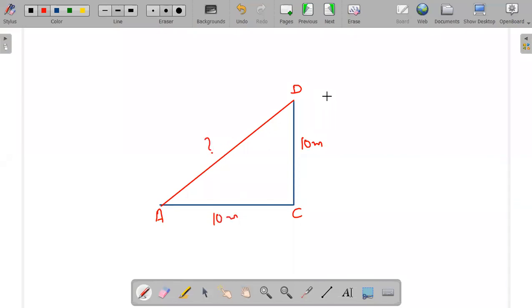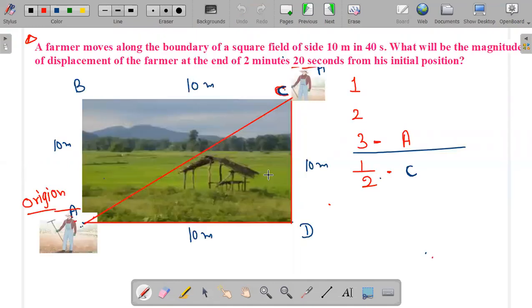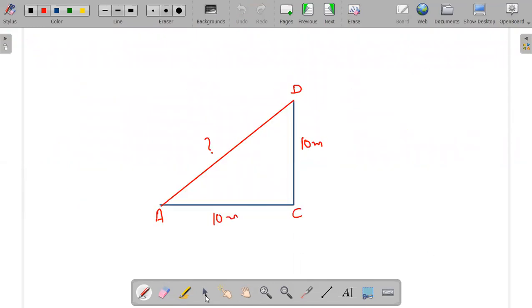So this is the hypotenuse, and for the hypotenuse we have a formula. So I can write, this is C and this is D. So AC squared is equal to CD squared plus AD squared.